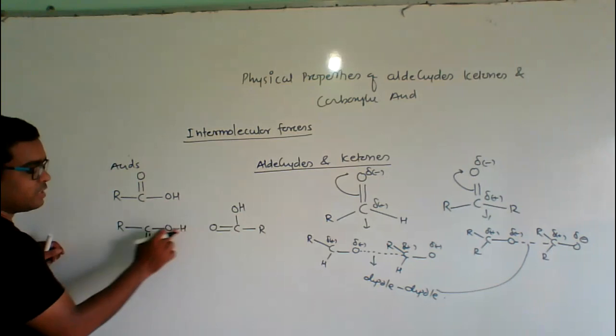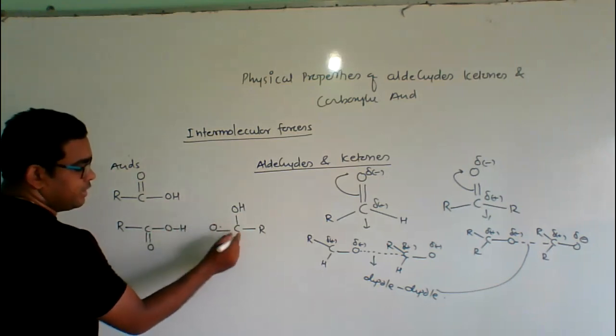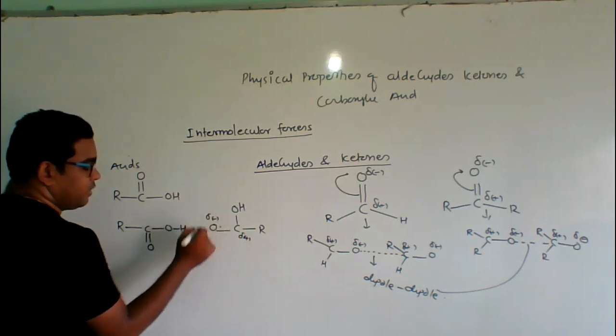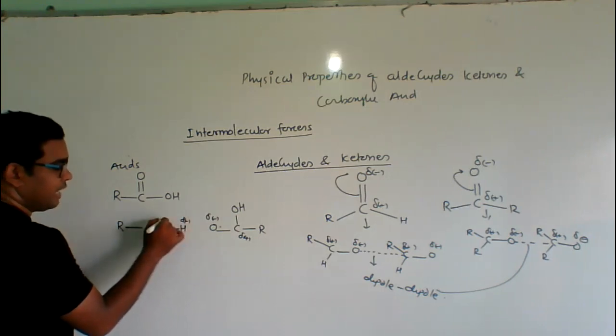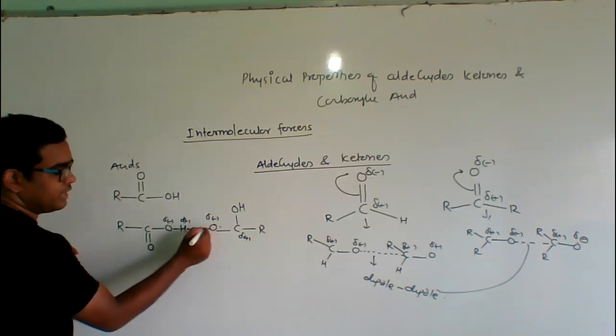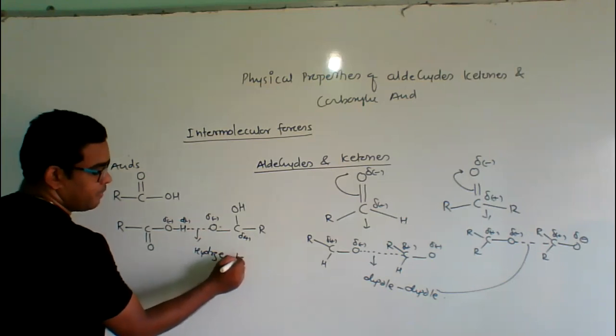The oxygen atom of this carboxylic acid can interact, because here also there is carbon positive and oxygen negative, and here H positive and O negative. So here also there is an interaction, and this interaction is nothing but hydrogen bonding.